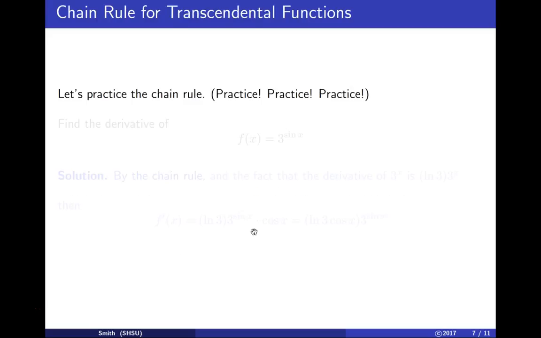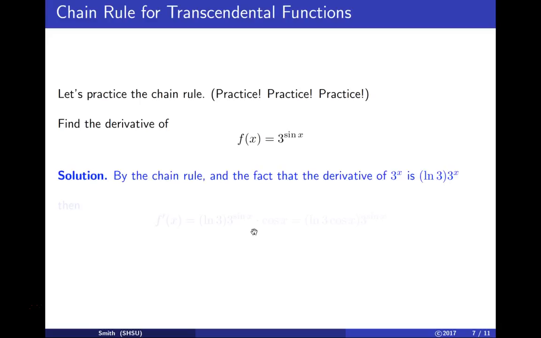Let's practice the chain rule for a moment and work with some exponential functions. Suppose we're given the function 3 to the sine x. This is an exponential function, but instead of the x in the exponent, it's something more complicated.